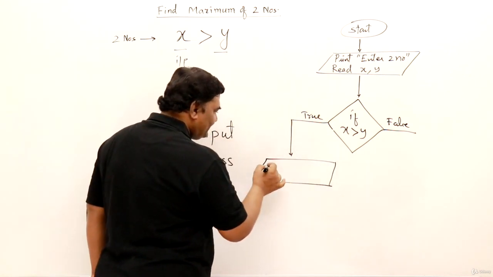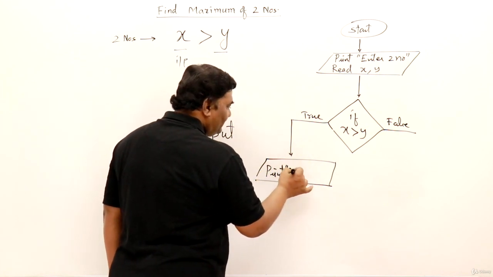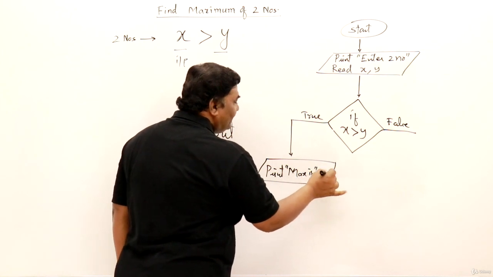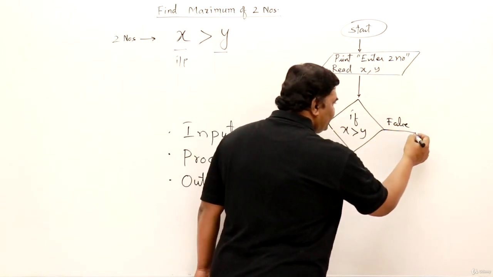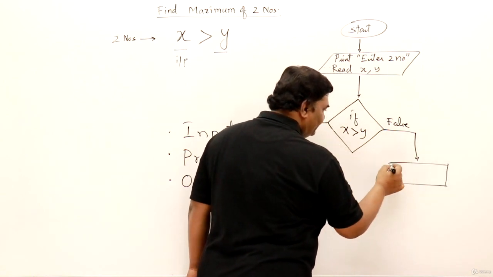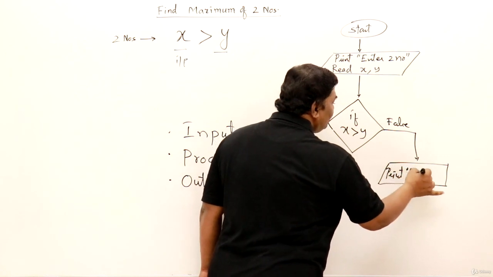So here I will directly print max is x. Then false. If it is false, then who is greater? y is greater. So maximum is y. So print here max is y.